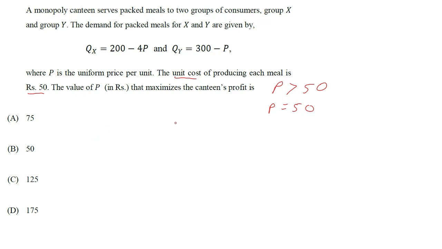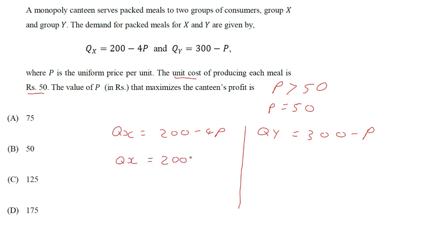So we have Qx is equal to 200 minus 4p. And similarly, we have Qy is equal to 300 minus p. In the place of p in both the cases, let me just substitute 50.